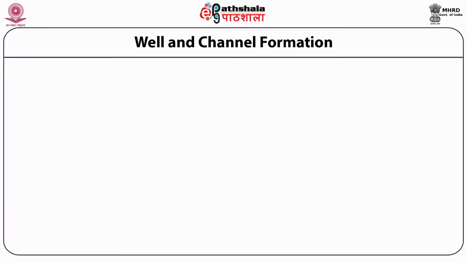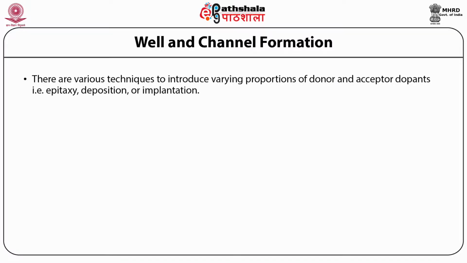So students, let us now discuss another process of CMOS technology, that is well and channel formation. There are various techniques to introduce varying proportions of donor and acceptor dopants in order to form the wells, that is epitaxy, deposition, or implantation.